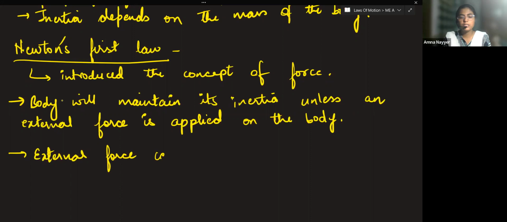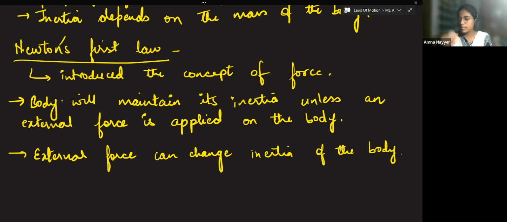External force can change the inertia of the body. Now, this inertia we are discussing, one was when a person goes from rest into motion, and the other is when a person goes from motion into the state of rest.